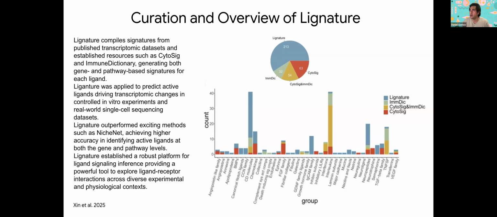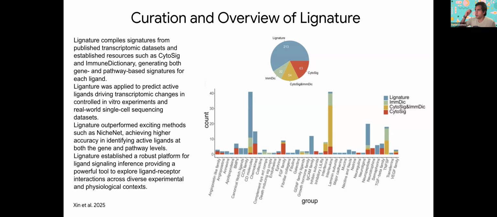We can see in a pie graph how many ligands there are from Lignature. There are 213 ligands, and from Immune Dictionary there are 32, and from CytoSig there are 63. Together, CytoSig and Immune Dictionary have 54, and then 213 in Lignature.